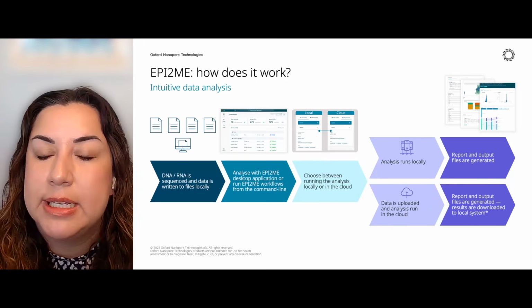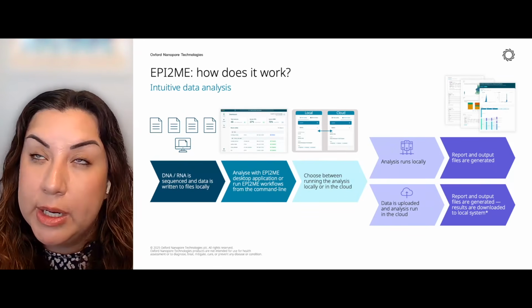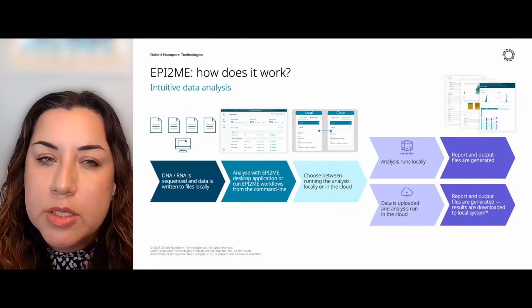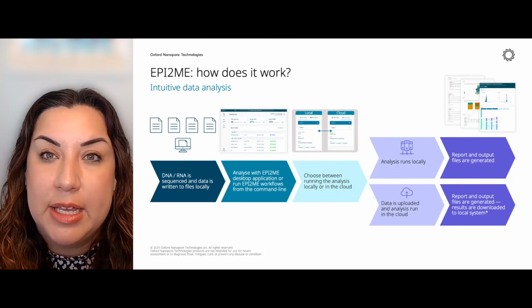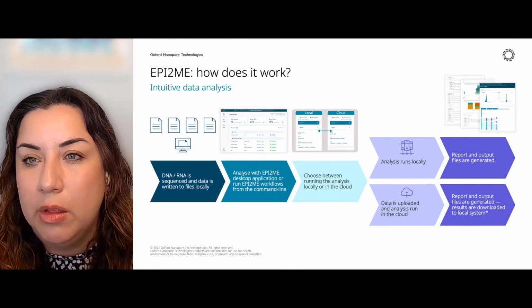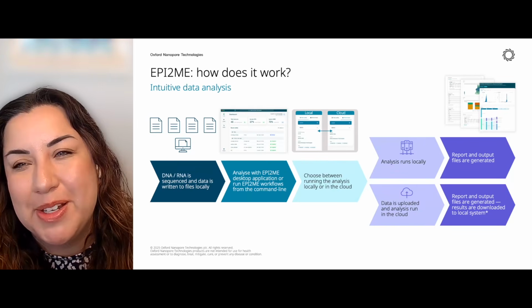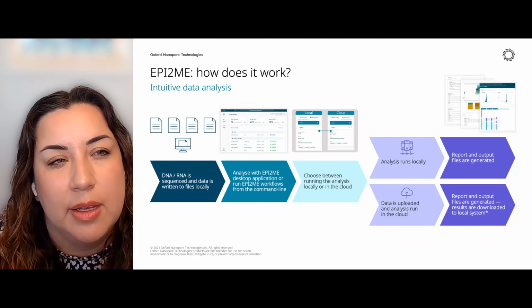Either way, you get files and outputs that are generated. If you run it in the cloud, you can download those results onto your local system. So really providing flexibility depending on both your regulatory as well as computational needs, all in this point and click GUI. But again, we try to not be a black box here at Nanopore, so we also have command line capabilities for you.